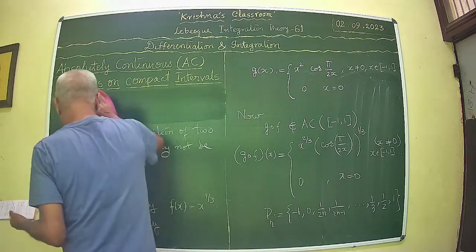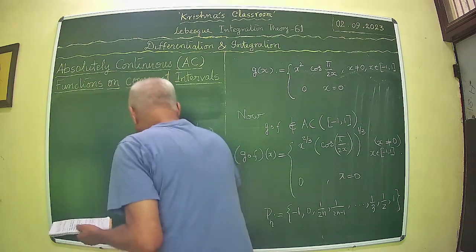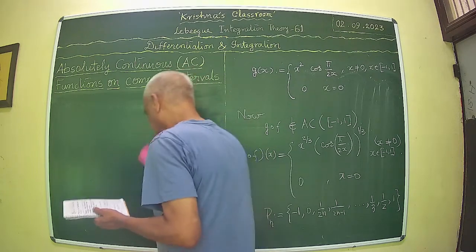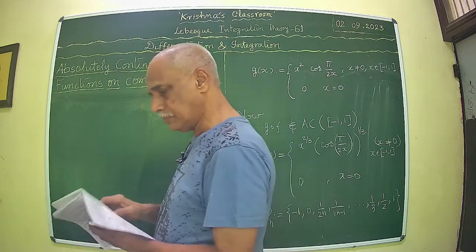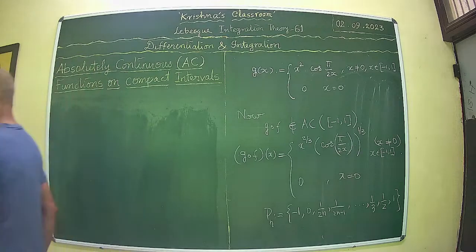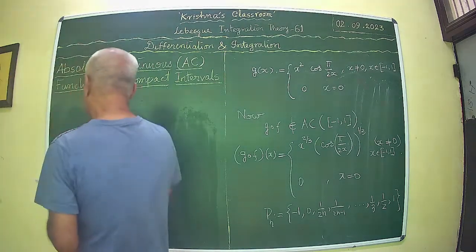So we got some insight into absolutely continuous functions and functions of bounded variation. Now what we prove is, do you have a large class of functions which are absolutely continuous? So we prove the following theorem.